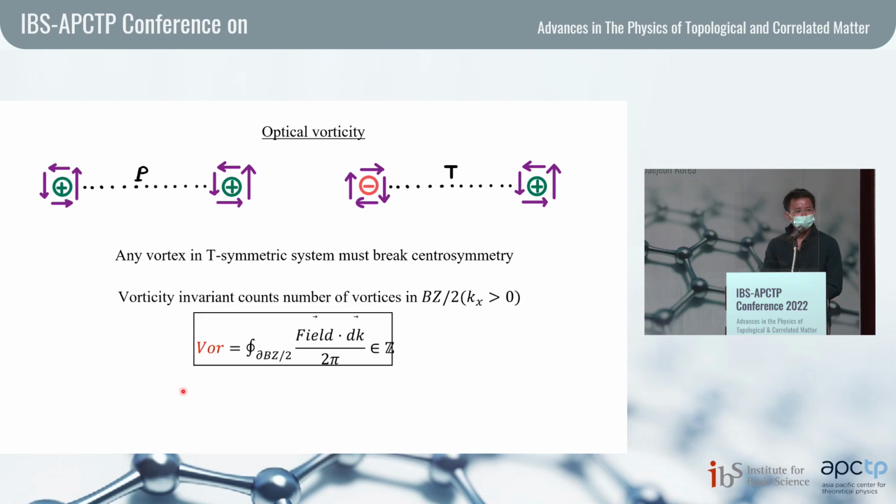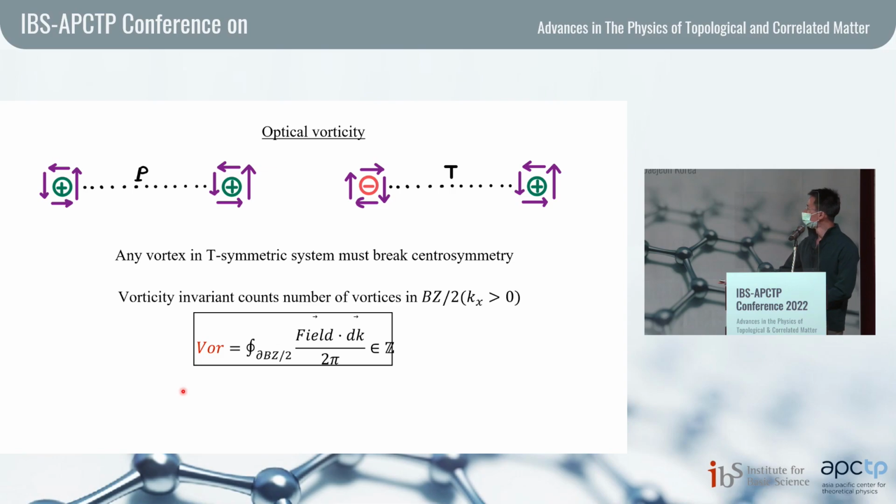So I'm going to define a vorticity invariant that counts the number of vortices in half the Brillouin zone. I define it by integrating this vector field around the boundary of my half Brillouin zone, defined for positive kx.